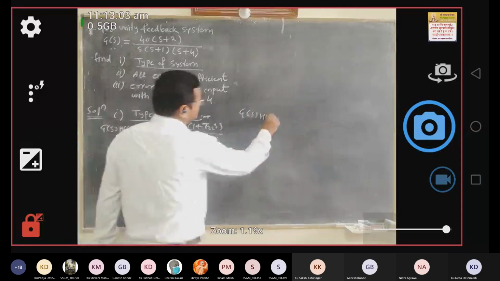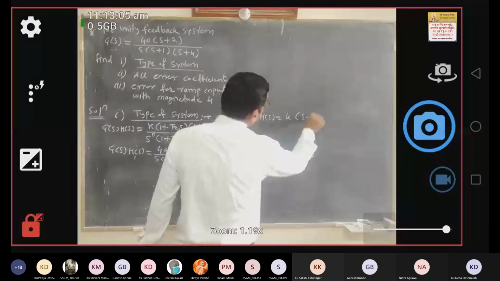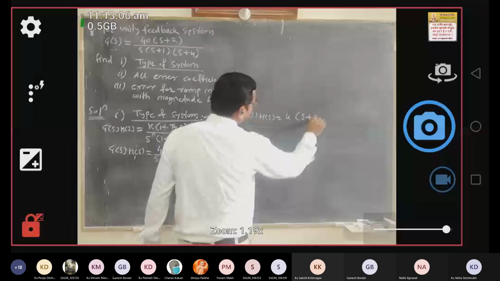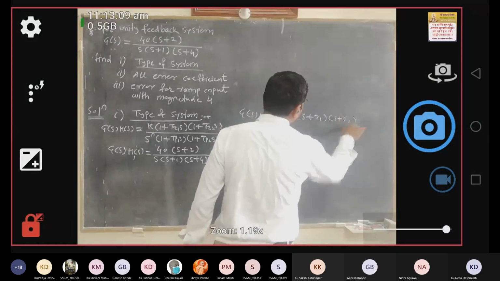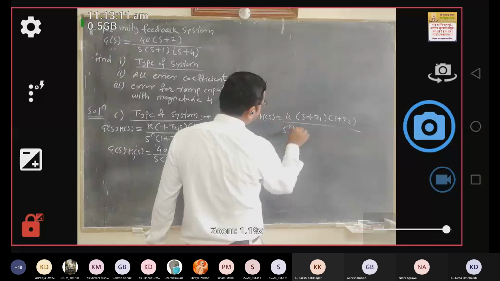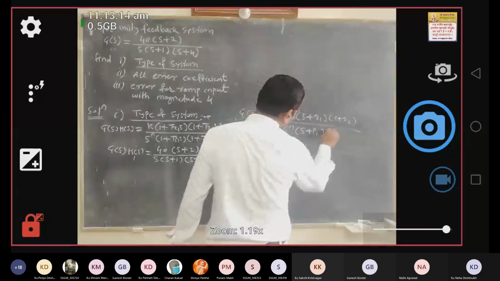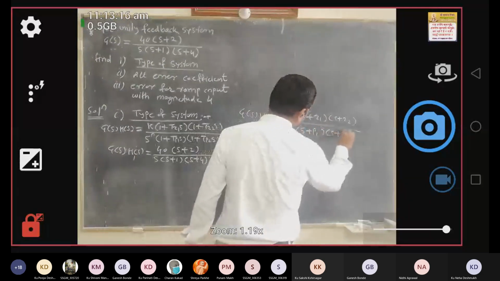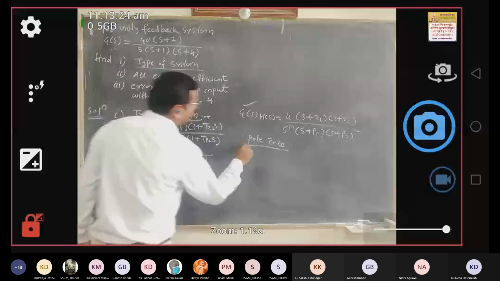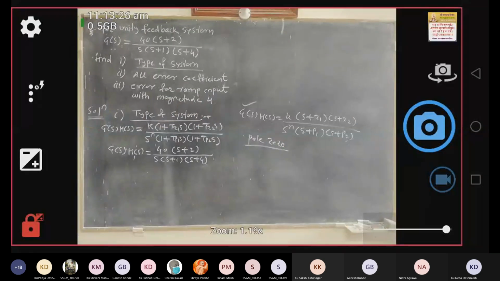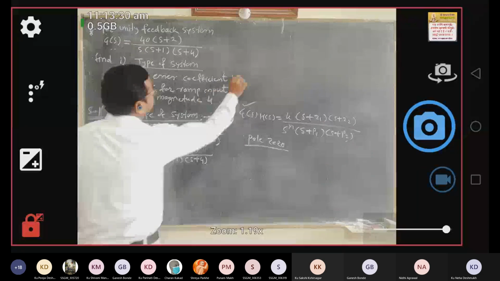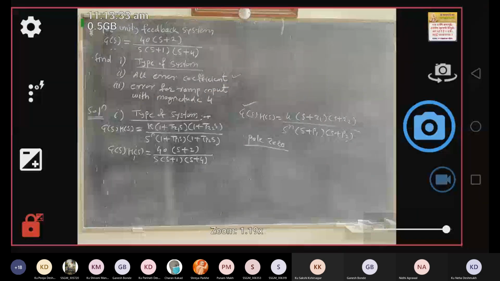What is pole zero form? G(s)H(s) is given by K(s + z1)(s + z2) upon s^n (s + p1)(s + p2). This is the pole zero form. Our transfer function is given in pole zero form, but for finding the error coefficients, we require it in time constant form.